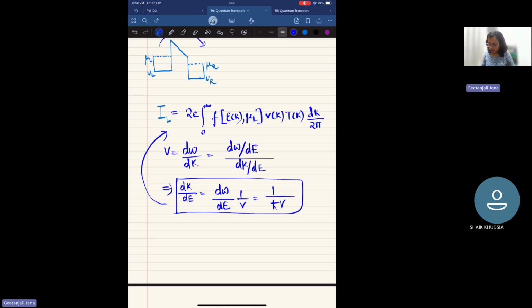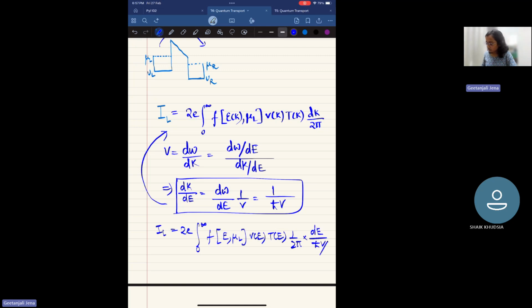So IL is 2e, integral from 0 to infinity, f of E minus mu L, v of E, T of E, and dk is 1 by h cut v.